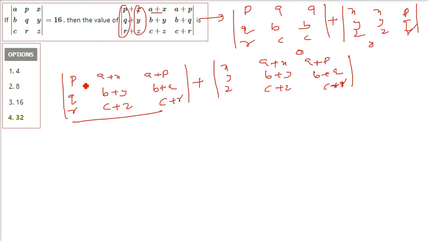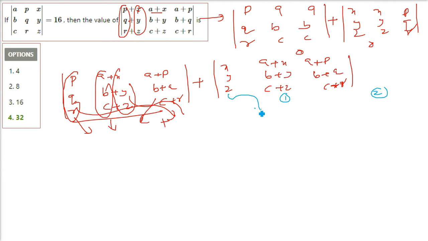Now, when we open this first, it will be P, Q, R, A, B, C, and A plus P, B plus Q, C plus R will remain like that. Right? Now, second time when we open it, that is the second part of this one. It will be P, Q, R, now this will be X, Y, Z, and A plus P, B plus Q, C plus R. Suppose you are dividing it into two matrices of addition.